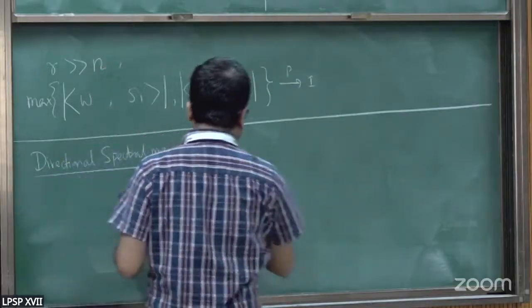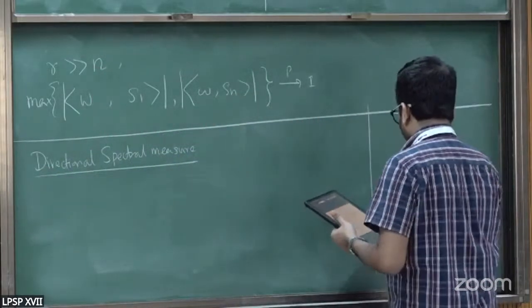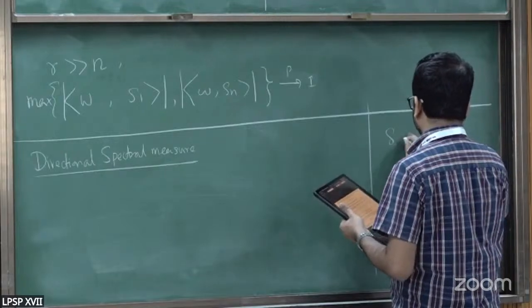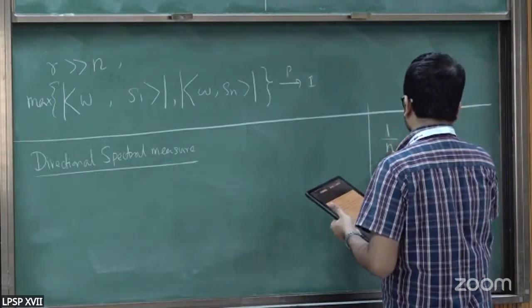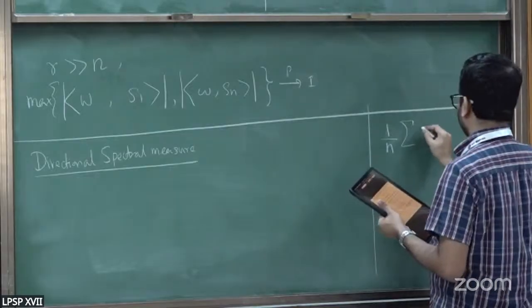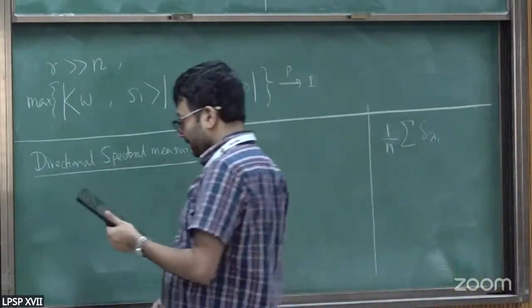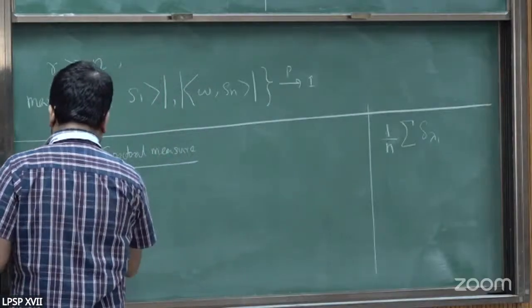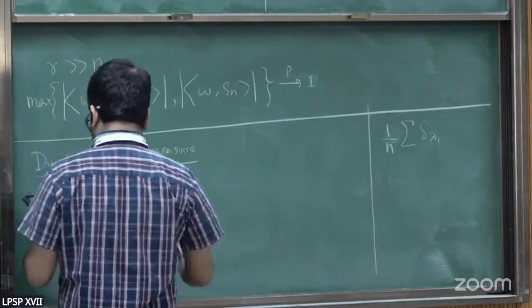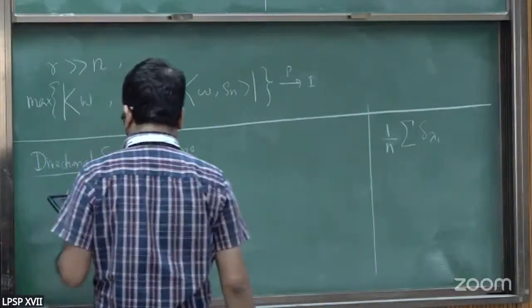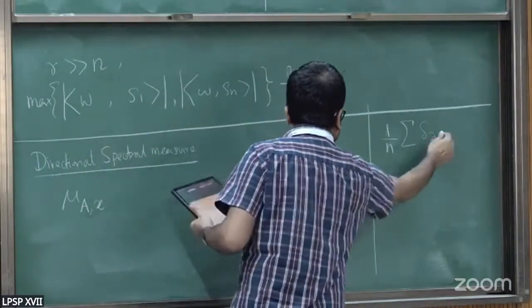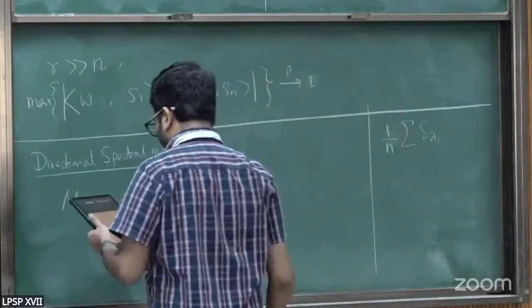We have defined what the spectral measure is: a measure that puts mass 1 over n on all of the eigenvalues. The directional spectral measure weights these point masses in a different way.